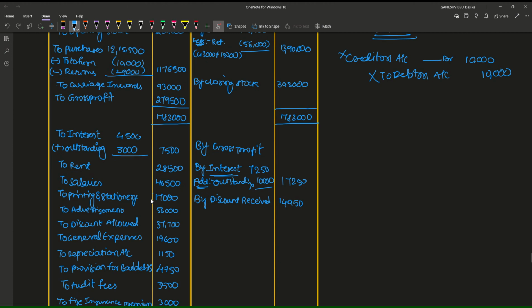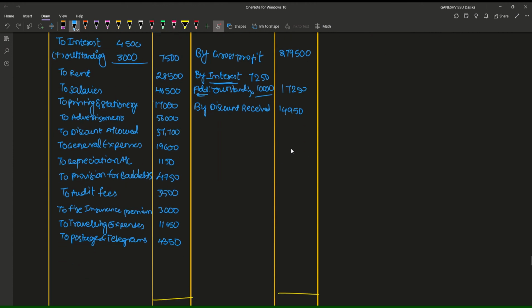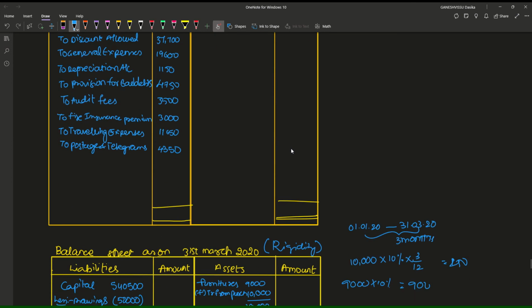Okay, this is 2 lakhs 79,500, and plus 17,250 plus 14,950, which is 3 lakhs 11,700, right?